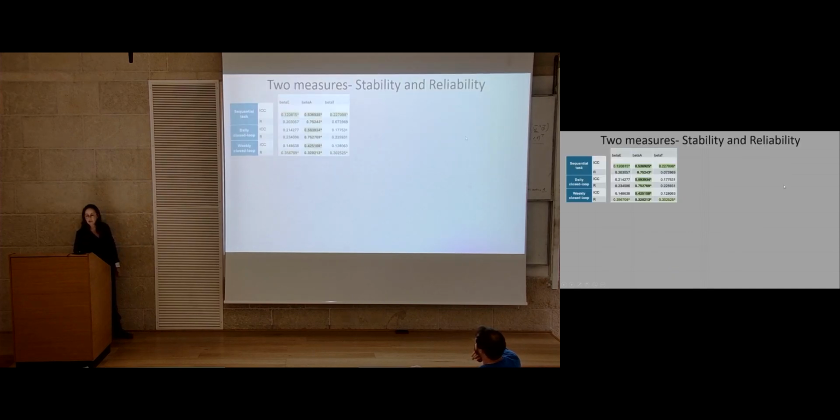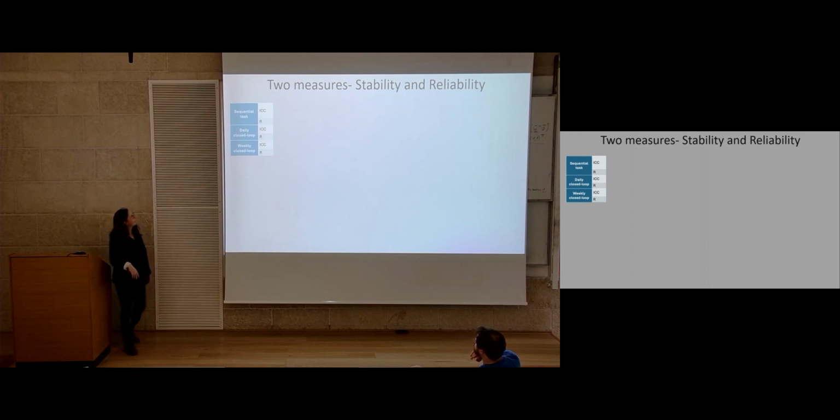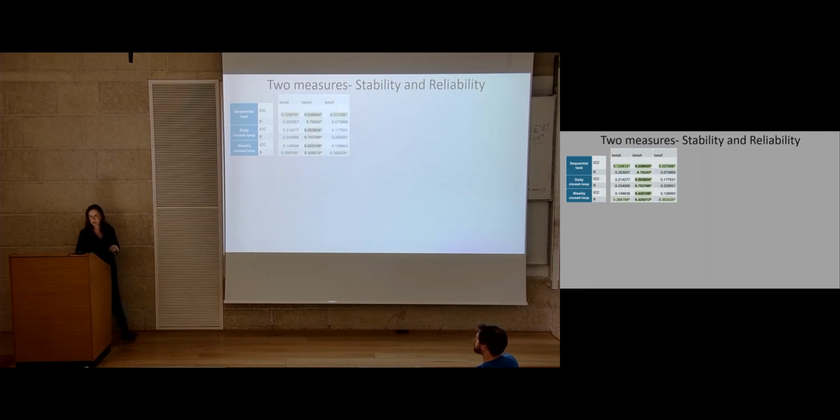We had 2 measures that we tested for each of the parameters. We had different time delays of the tasks and different types of task, and for each one we looked at the reliability using the ICC measure and just the correlation between the 2 sessions. We call that just stability.